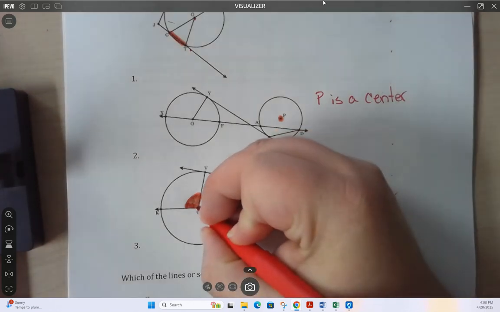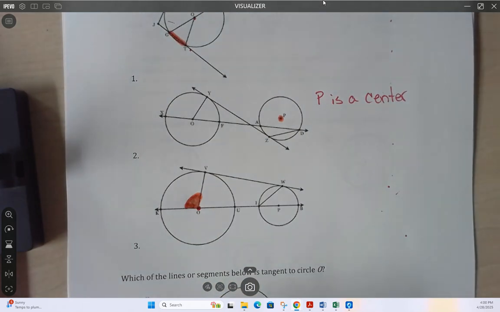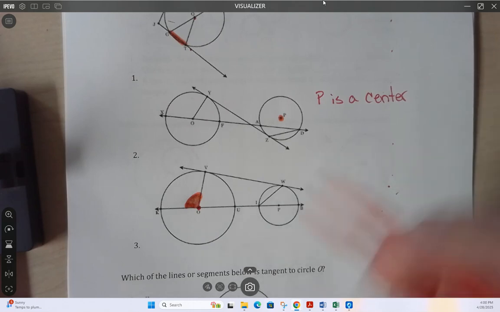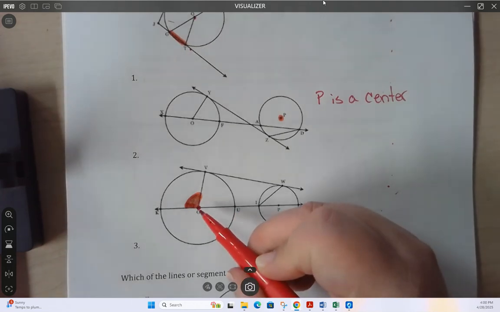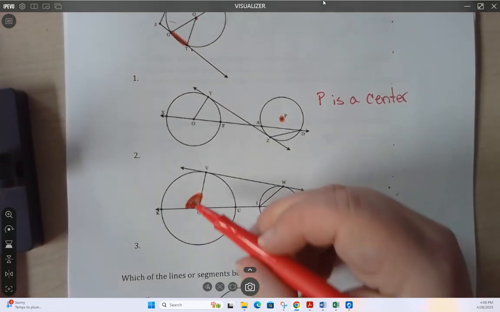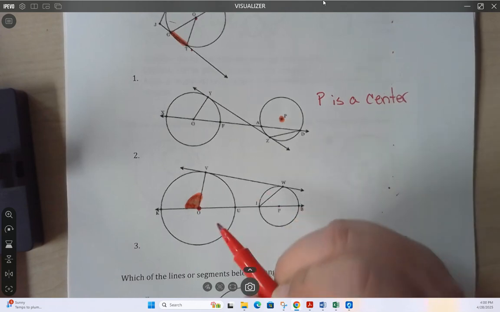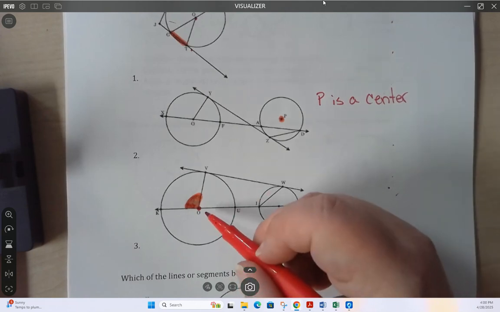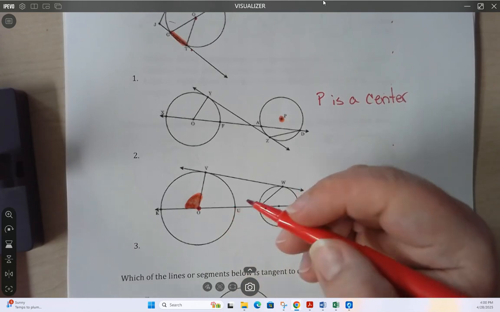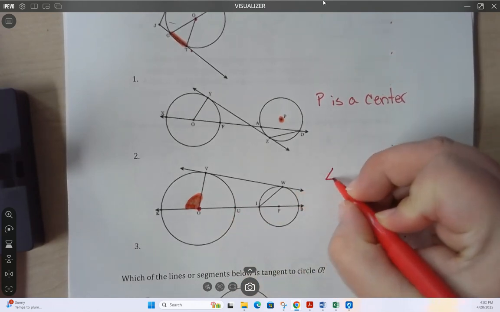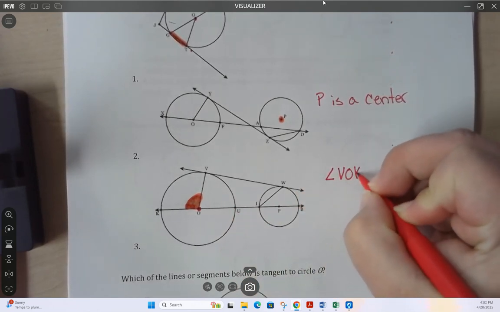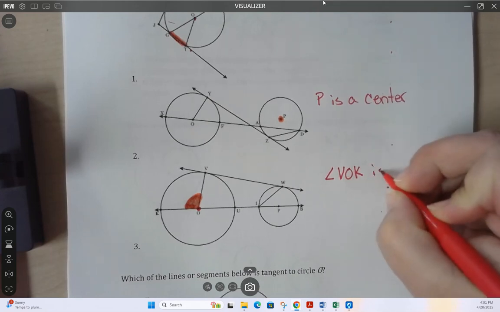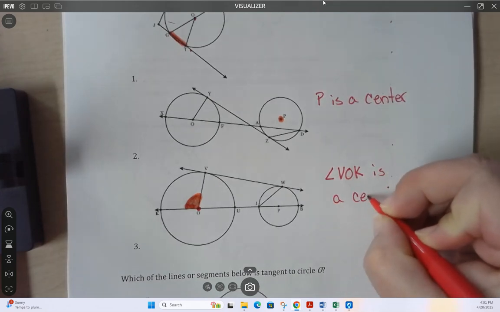So here, that's our vertex, O. O, we need to decide, is that the center of a circle or is it on the circumference of the circle? Well, we're told that our circles are O and P. They're named after their centers. So O is definitely a center, which tells me that this angle VOK or KOV is a central angle.